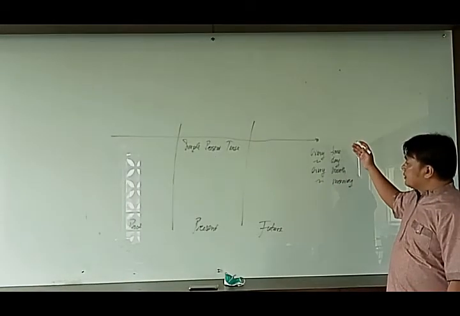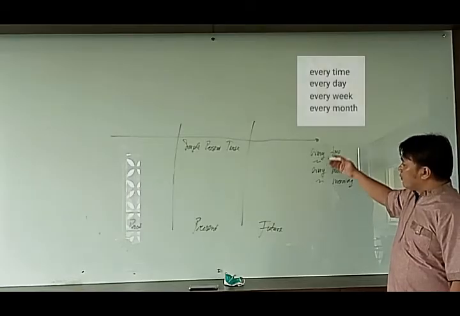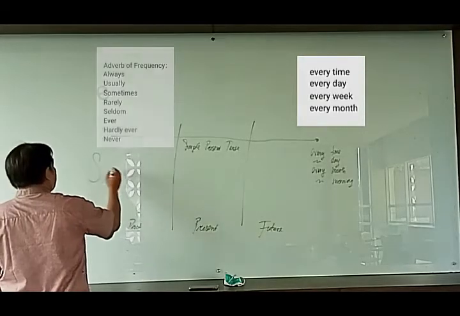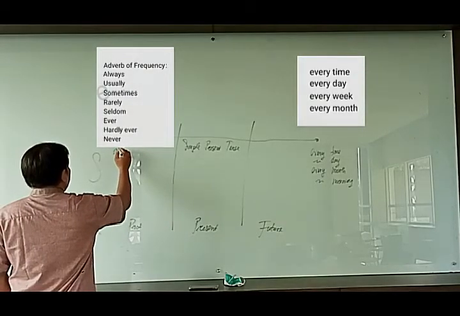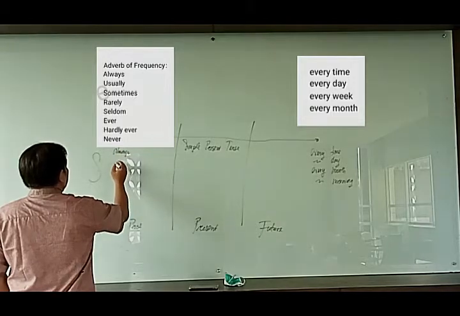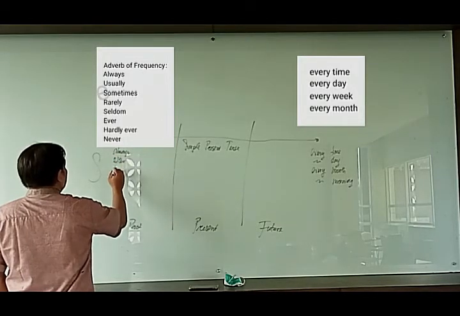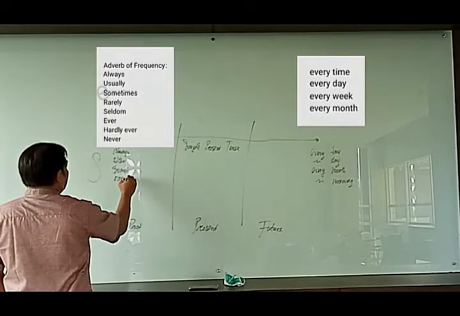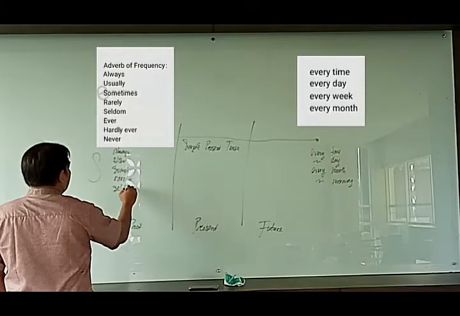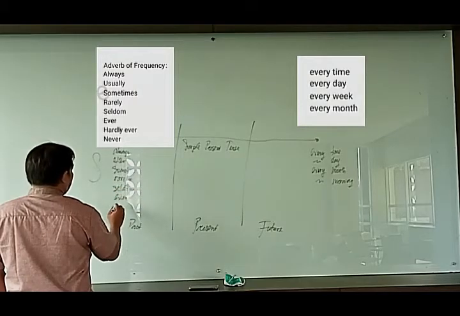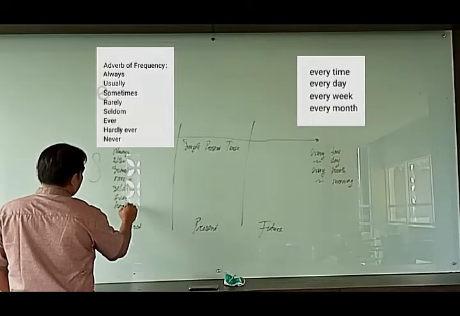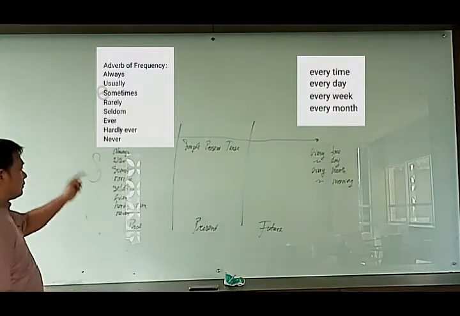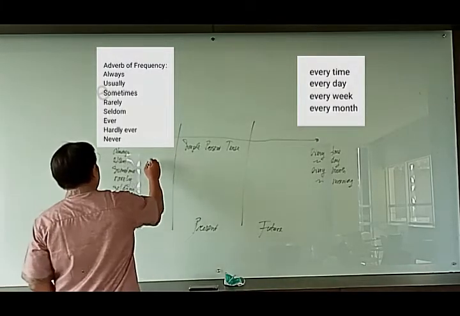In the present tense, this one adverb of time, and then we have adverb of frequency here: always, often, sometimes, rarely, seldom, ever, hardly ever, and never. And then we have predicate here.